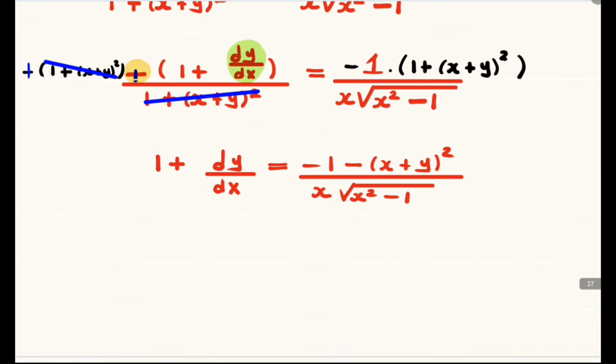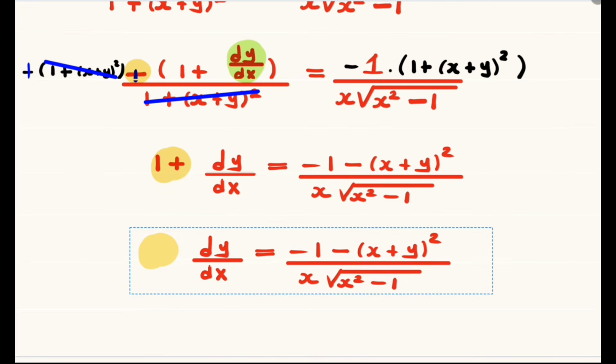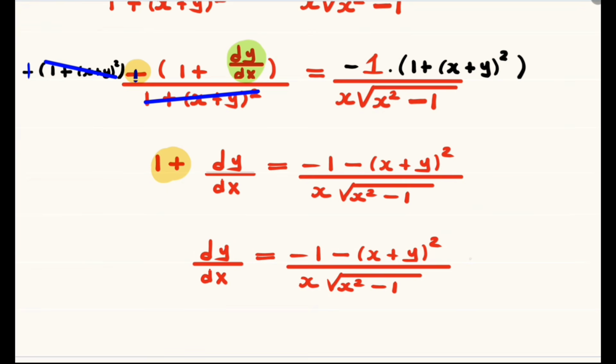We are going to move the 1 from the left to the right, and our dy over dx will be equal to that minus 1. In the memorandum, next to the x plus y squared, they have a positive. It's not supposed to be a positive, it's supposed to be a negative, because we distributed the negative and it affected the 1 and the x plus y squared.